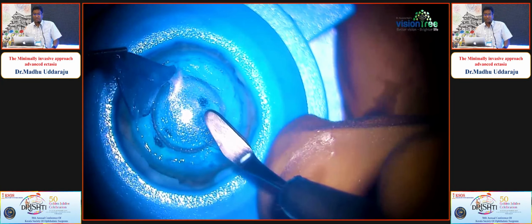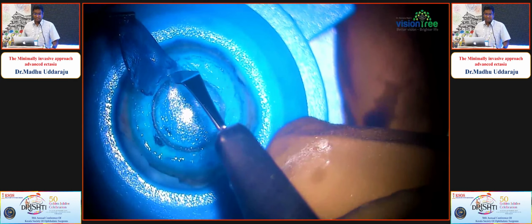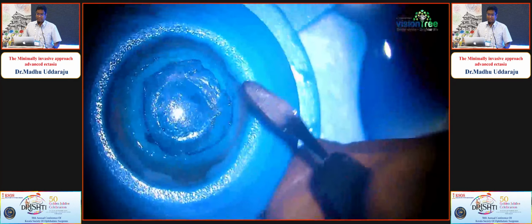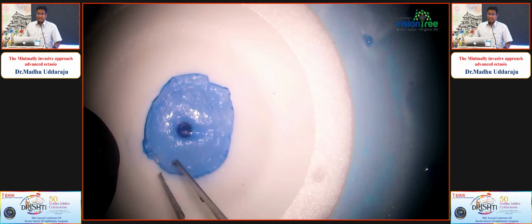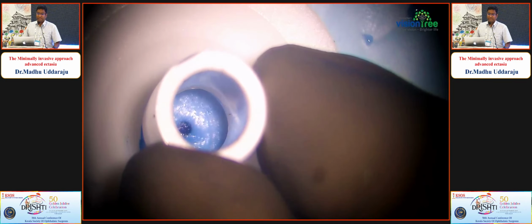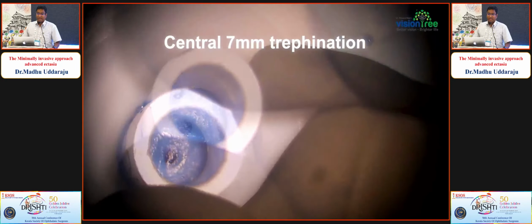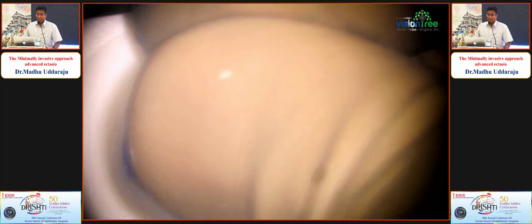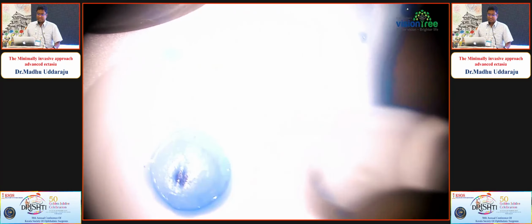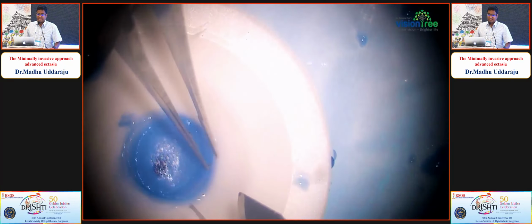You can just peel it off once 3/4 of it is complete. So that's the Bowman's layer along with stroma. Now you can refine it to the size you want. Usually we do it from 7.5 to 8, depending upon the location of the cone. And once that refinement is done, your donor preparation is there.